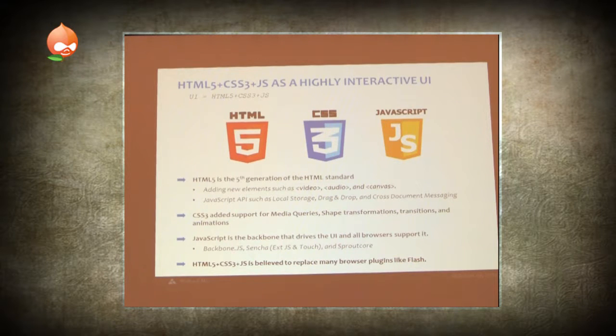So the important point here is this combination: CSS3, HTML5, and a JavaScript backbone all together can replace a lot of those popular browser plugins like Flash, JavaFX, and Silverlight. I don't think anybody here uses Silverlight. Right? Flash, yeah.